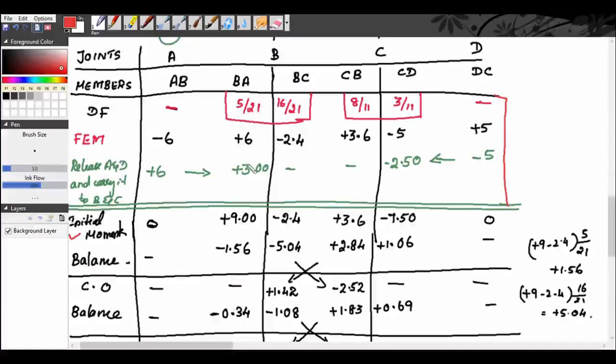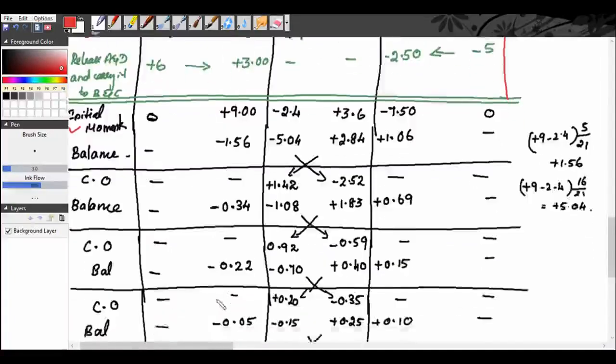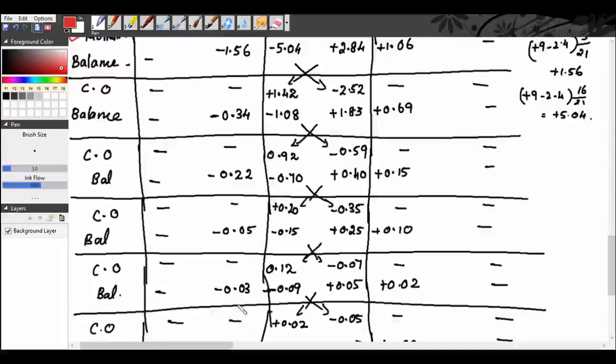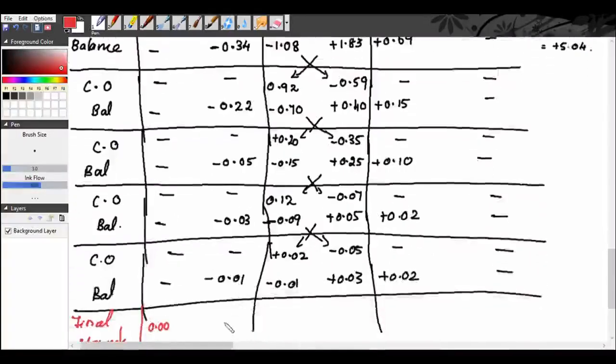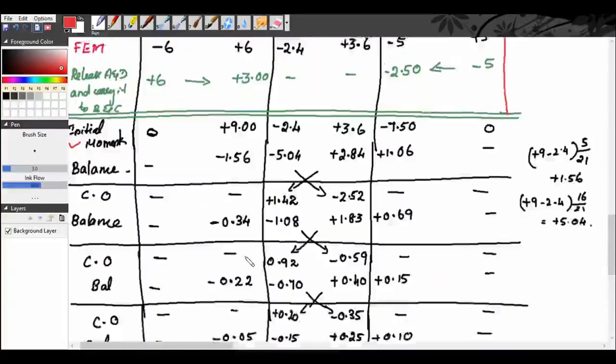Now at joint B, for BA, it is plus 9, minus 1.56, minus 0.34, minus 0.22, minus 0.05, minus 0.03, minus 0.01. So summing up, adding every value you get plus 6.79.